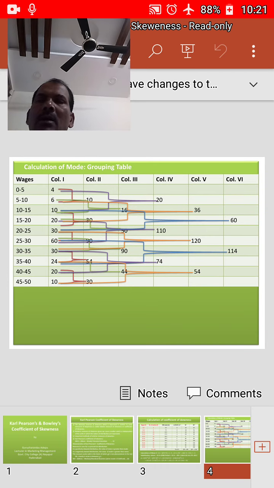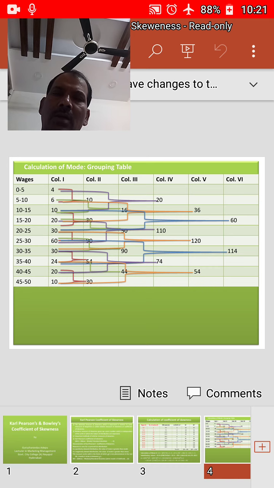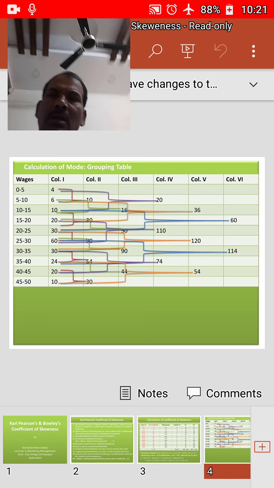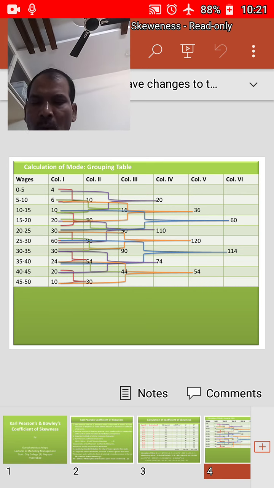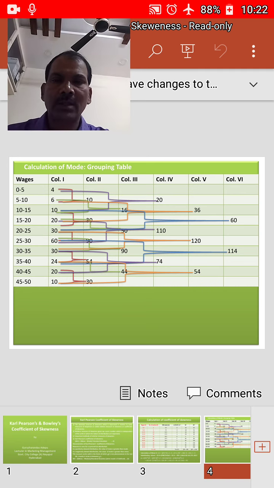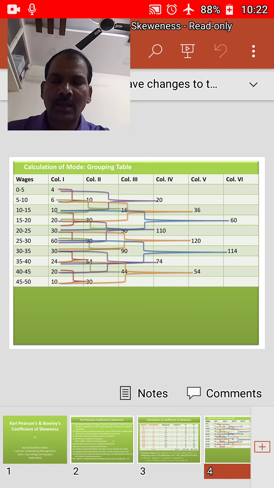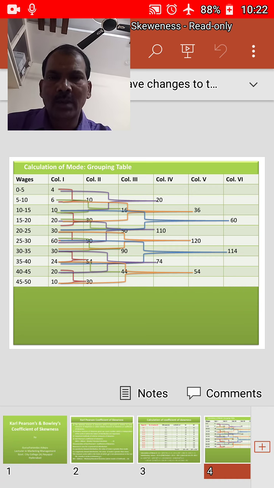Now we need to make an analysis table, the grouping table, in order to find out the mode. In order to make the grouping table, the first column is the classes, and the second column, that is called column 1, we should take the frequencies.